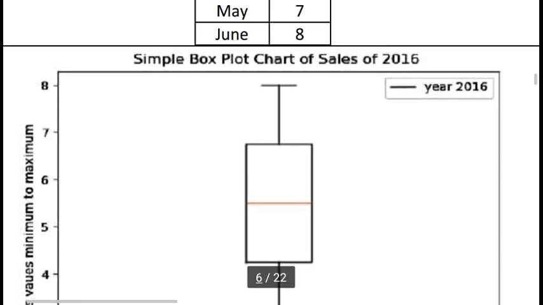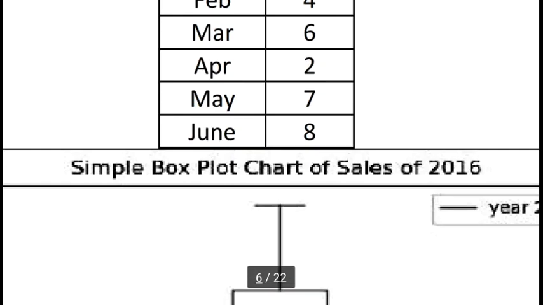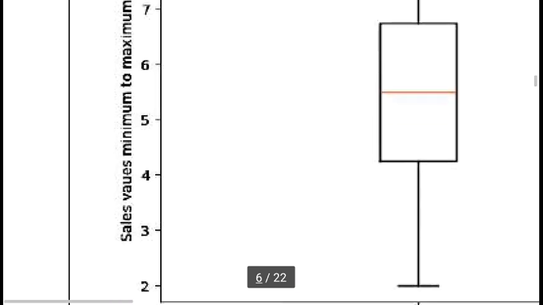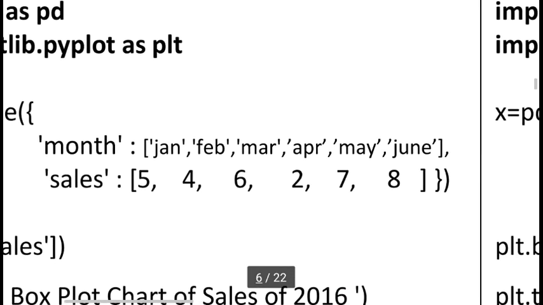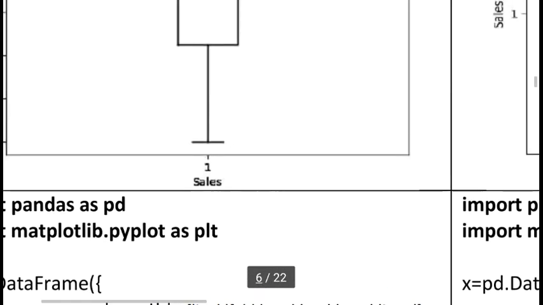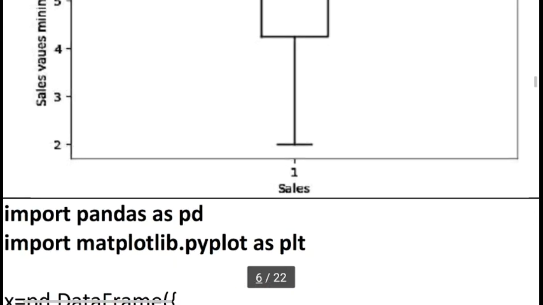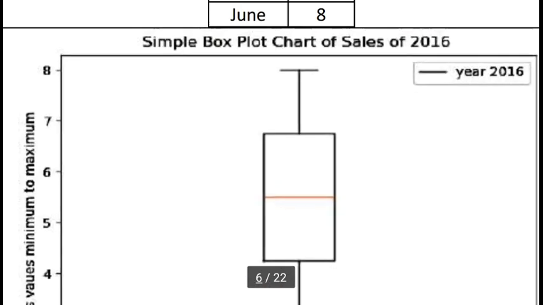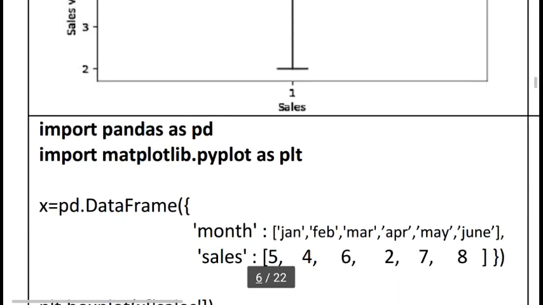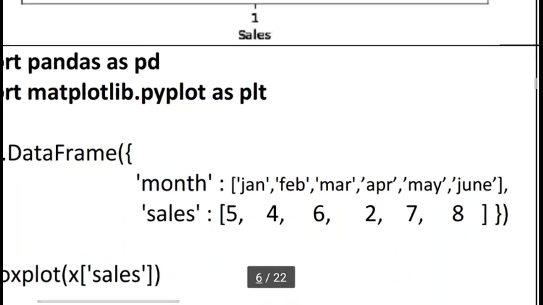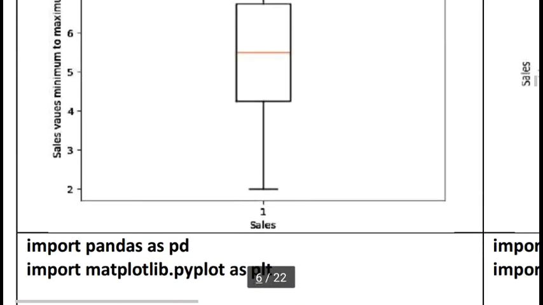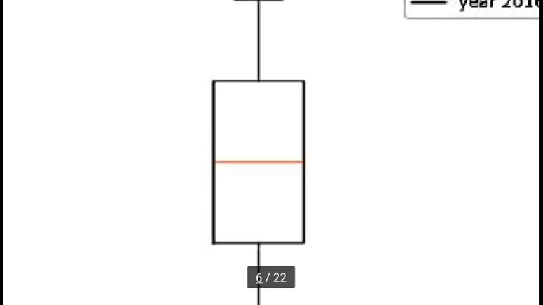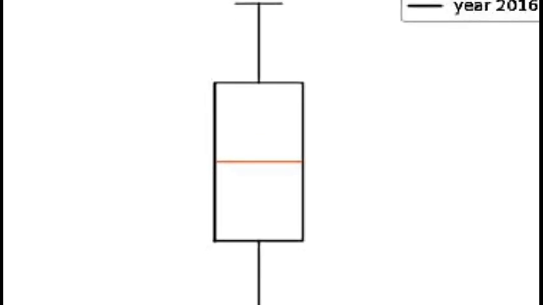The last small horizontal line is at 8, so 8 is our maximum value. So three things you can see: minimum value 2, average value between 5 and 6, and maximum value 8. Inside the box, this red line shows the average value.